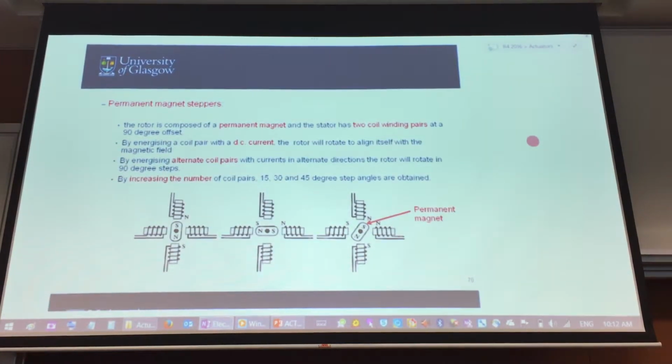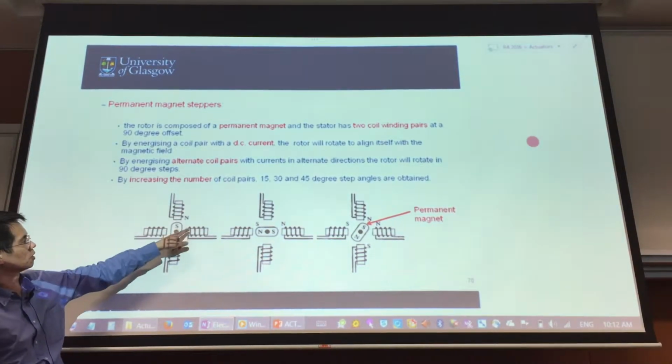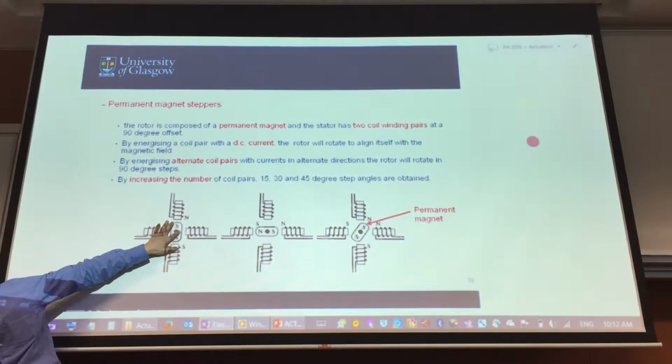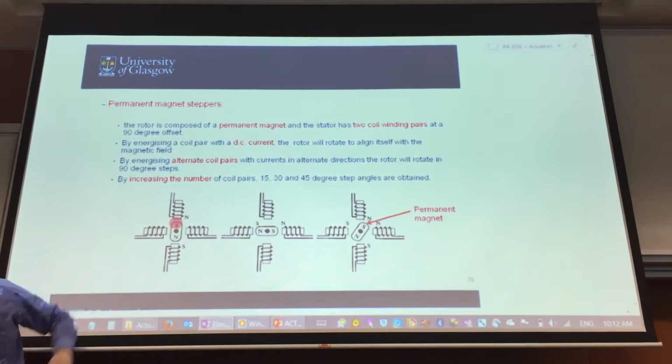There's another construction that's called a permanent magnet. It's very similar to the construction of your variable reluctance, except that now this core over here uses a permanent magnet. Just now it was a soft iron core, just a piece of metal over there.